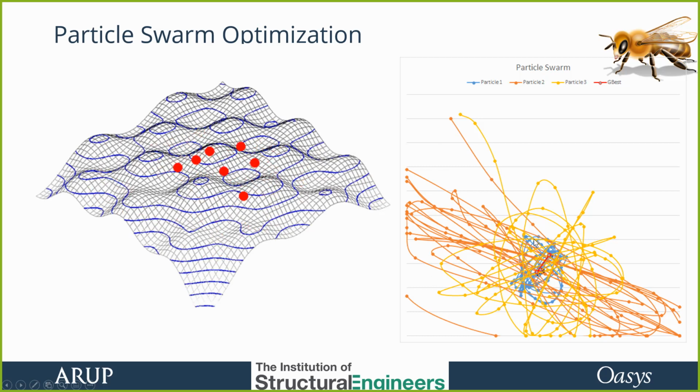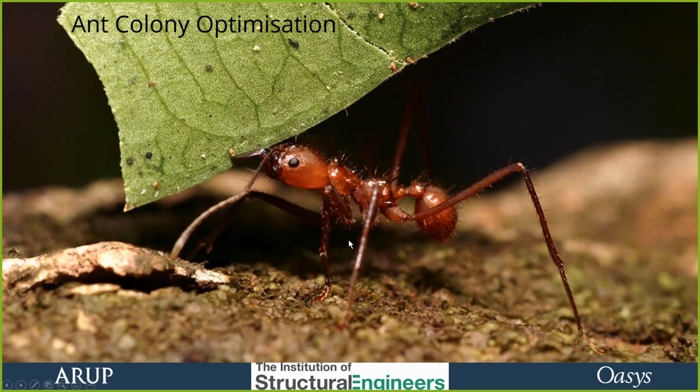And with all these optimizations, we want that balance between exploration, which is keep on searching the design space, and exploitation, which is zooming in and focusing in on the final answer. And you see the blue one is exploiting that space and searching close into the optimums. Okay, another biologically inspired method, ant colony optimization.